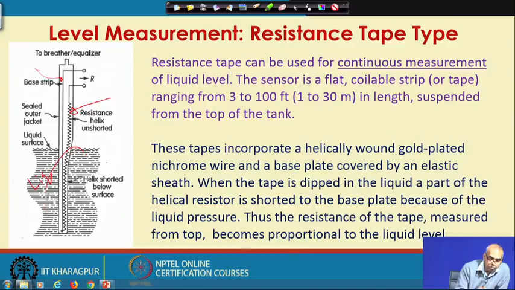If you look at this part, due to pressure of the liquid, this resistance helix has touched this base strip. So, when the tape is dipped in the liquid, a part of the helical resistor is shorted to the base plate.